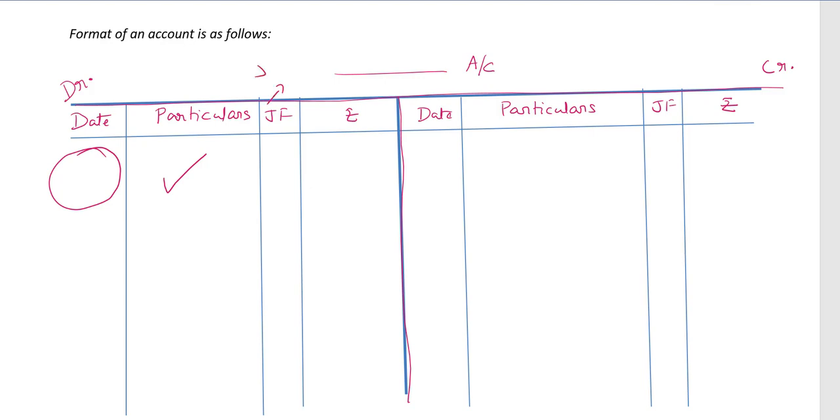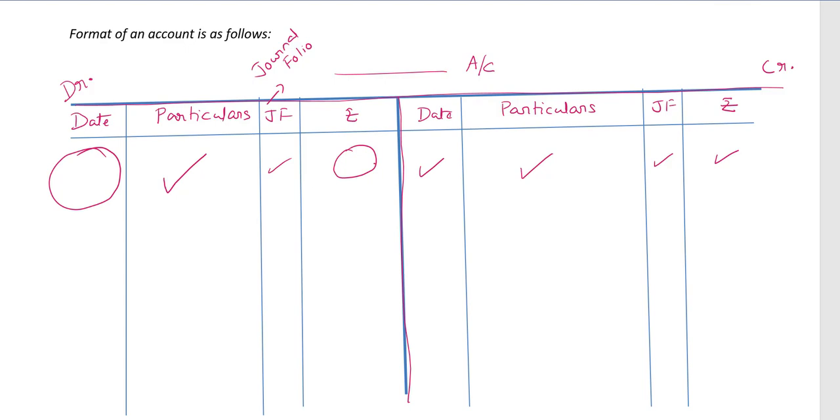JF is short for journal folio. It represents the page number of the subsidiary book in which the transaction was initially recorded. And under rupee, we have the amount of the transaction. Similarly, on the credit side, the date of the transaction, the name of the other account, JF column, journal folio, where the page number of the subsidiary book in which the transaction was first recorded is written, and the amount is also written.